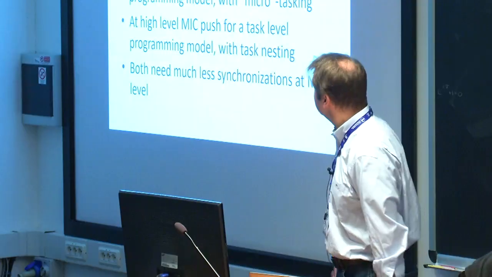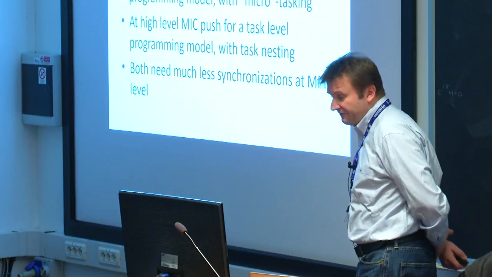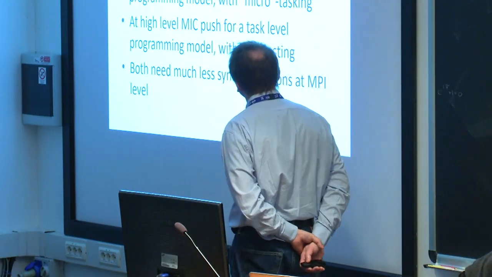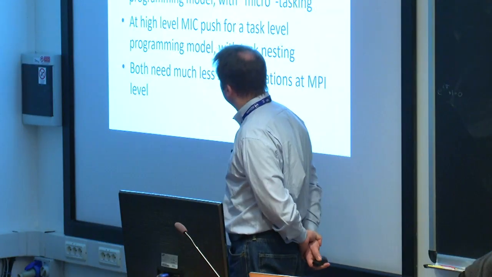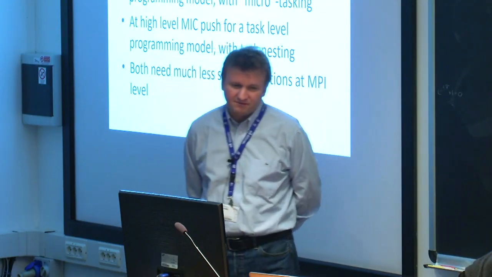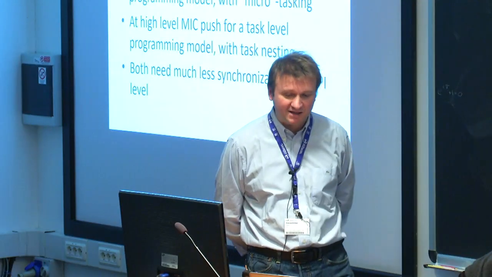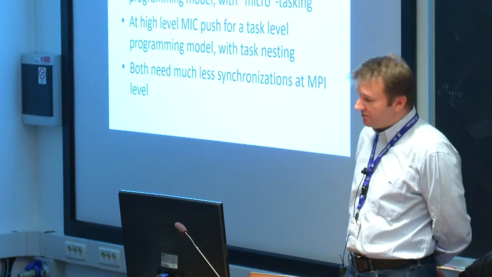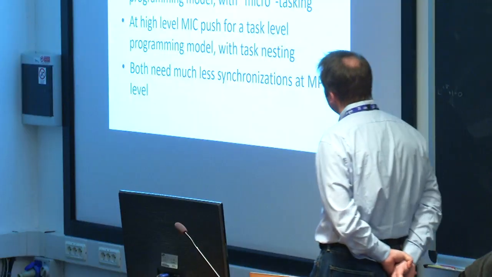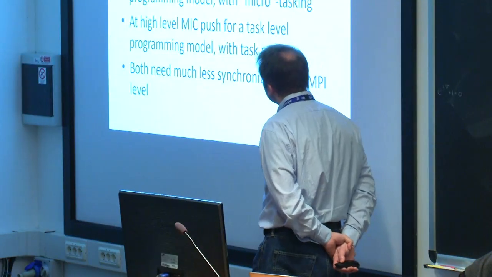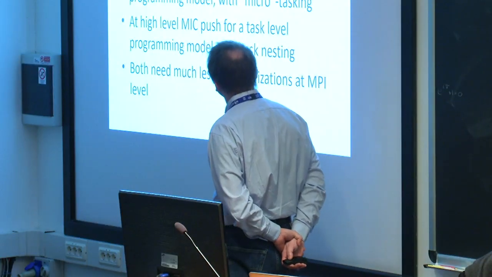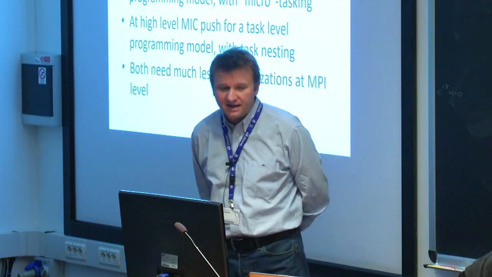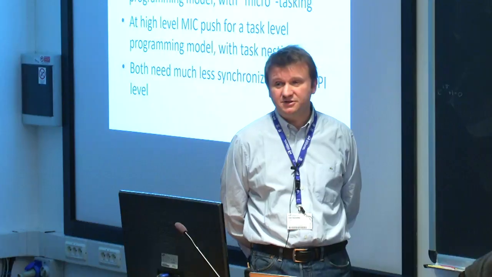So at the end, what are the differences between GPU and what was codenamed Knights Landing, the Xeon Phi? At low level, in an innermost loop, in both cases you need to expose a high level of parallelism.